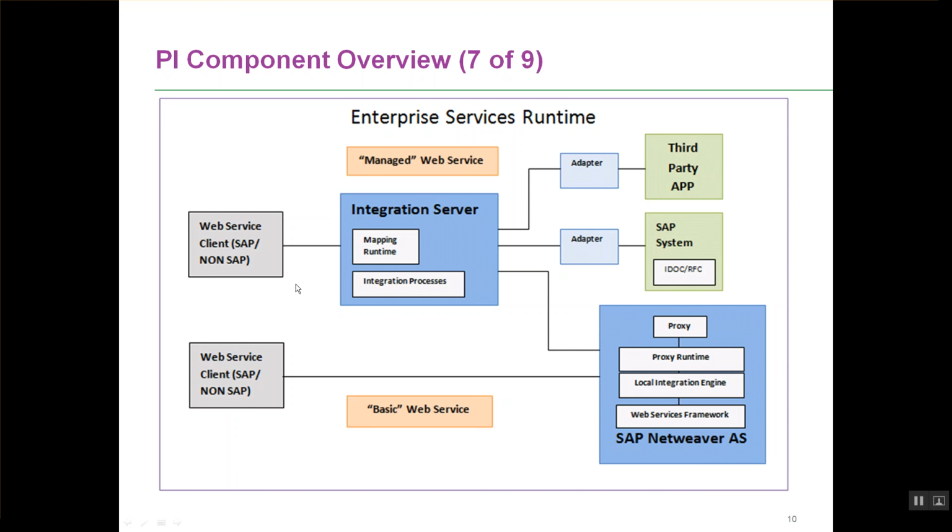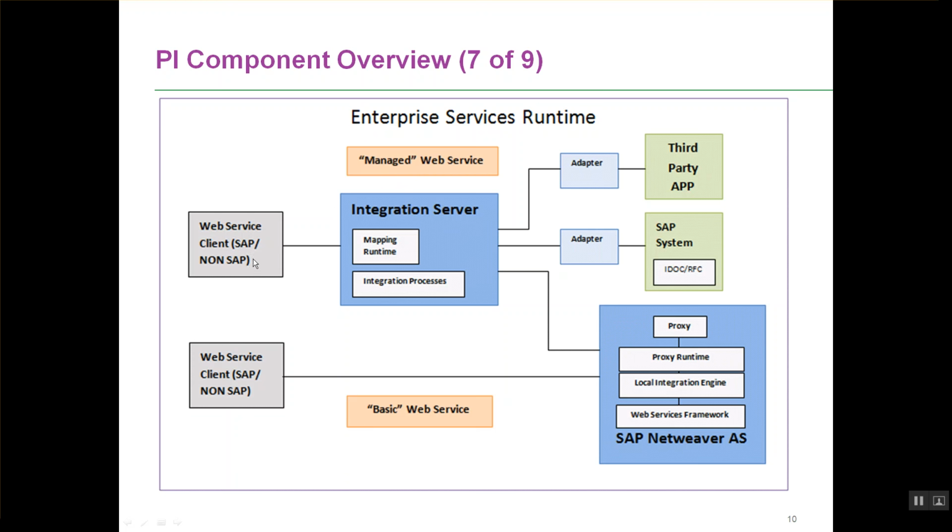Now, typically what you would do is you would not want to expose everything in ECC directly to a third-party system. Why? Remember the spaghetti model that we had talked upon? If you start opening up point-to-point connections, your entire integration landscape is going to become a mess, which is why the PI comes into picture, or the enterprise service runtime comes into picture. And what you do here is, you expose the web service that is there in ECC through PI, and that becomes a managed web service.